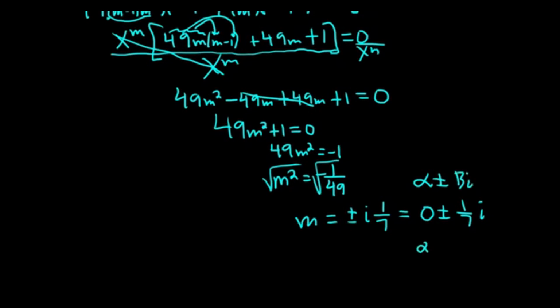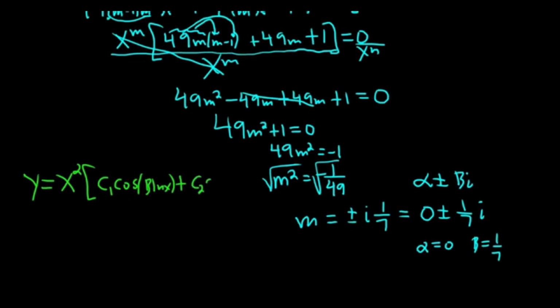So we see that alpha is equal to 0 and beta is equal to 1/7. So we have complex conjugate roots. And whenever that happens, if you recall, the formula is y equals x to the alpha, bracket c1 cosine beta ln x plus c2 sine beta ln x.